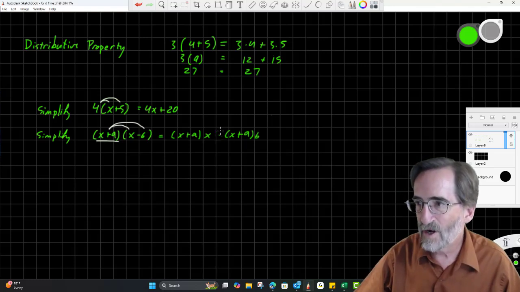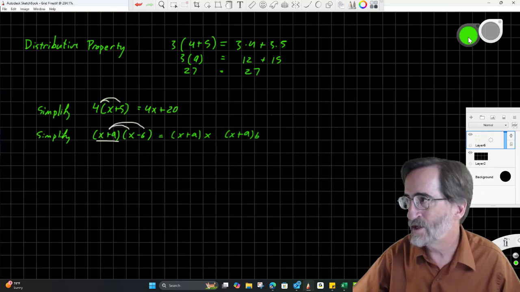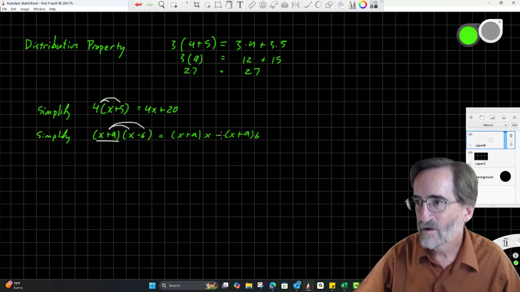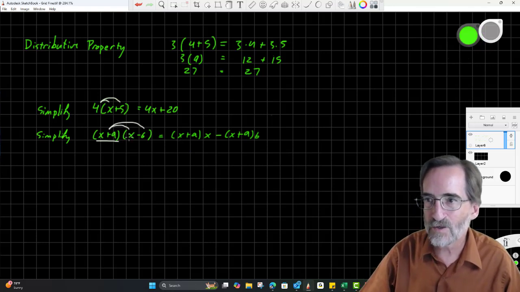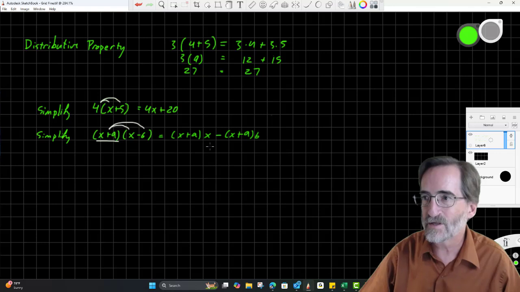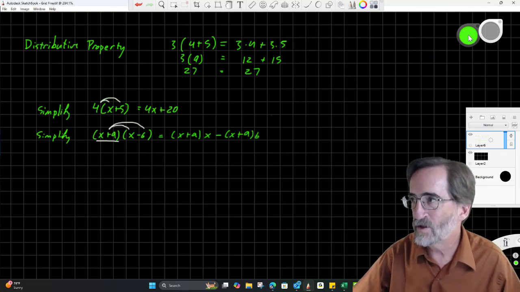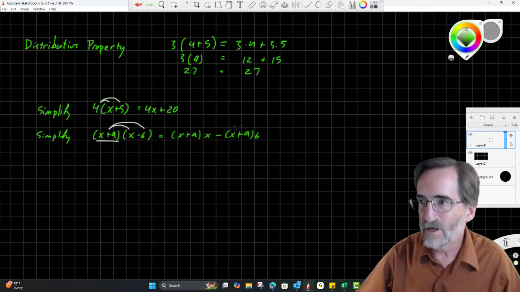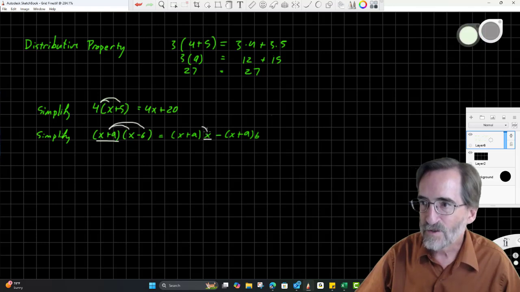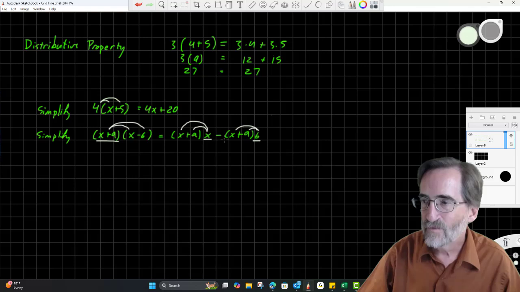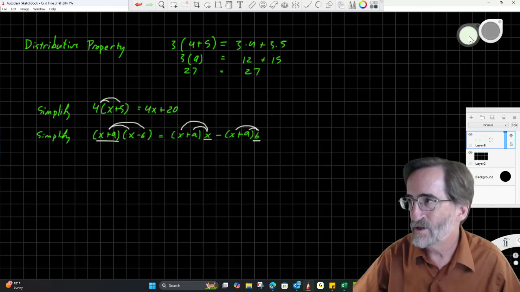Notice how I distributed the x plus 9. So x plus 9 went to x and negative 6. Then I'm going to distribute the numbers on the outside here. The x gets distributed to the 9 and to the x. The 6 gets distributed to the 9 and to the x. But careful, there's a negative sign there.